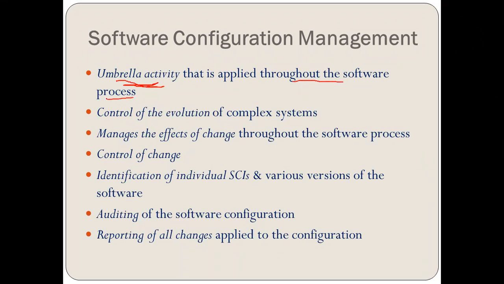It is not just one point in time when we apply this, but it is applied altogether with common consent. Now, what does umbrella activity actually mean? I'm just giving you an example: software quality. Software quality is not a single phase in which we confirm the quality in the product.